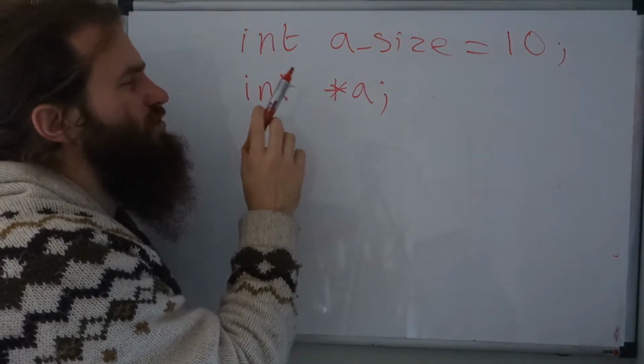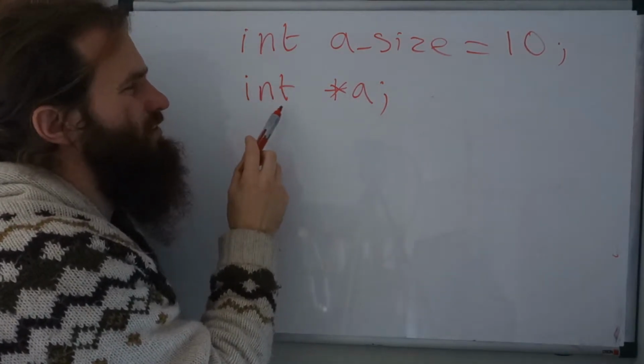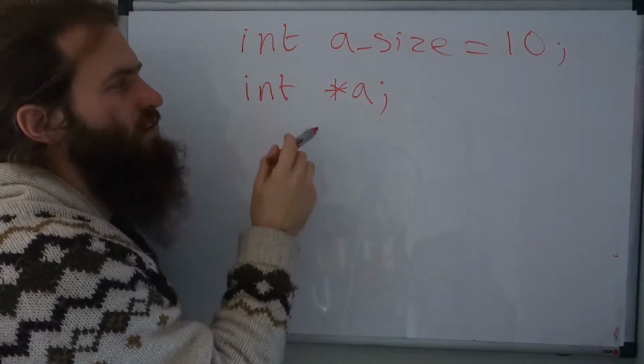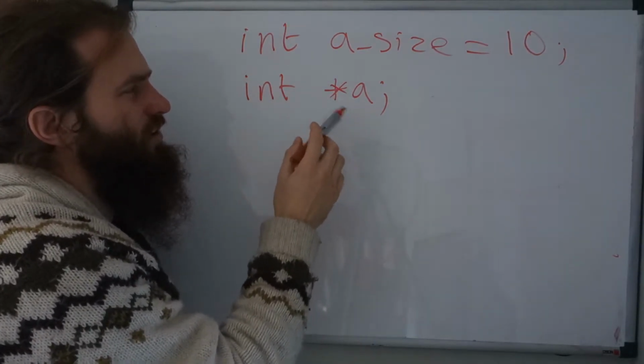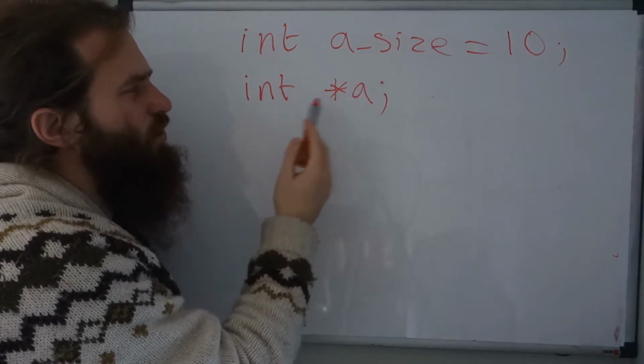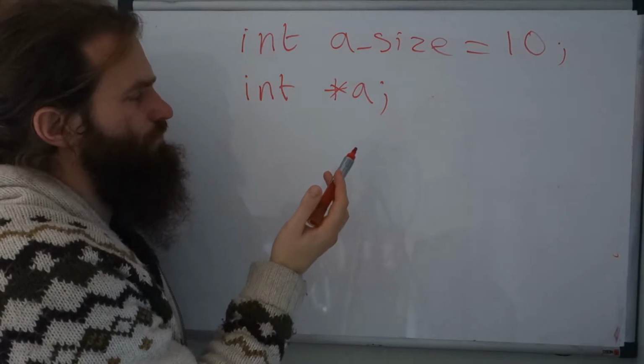The asterisk is a type modifier, modifying the type int to say that this is an integer pointer. But typically you'll see people put the asterisk next to the A, because the white space here doesn't actually matter.